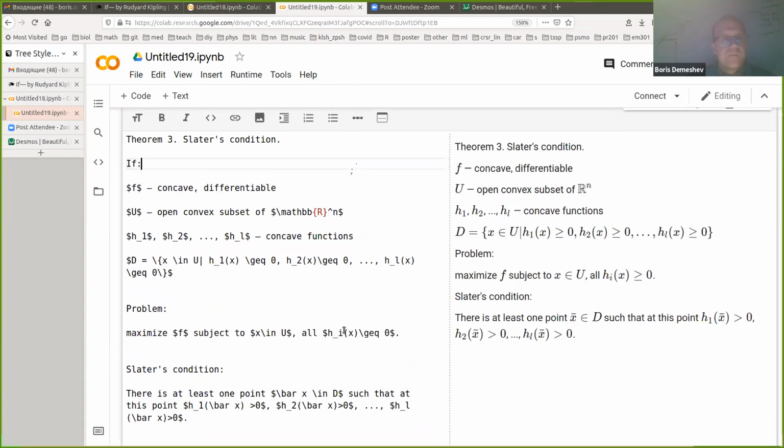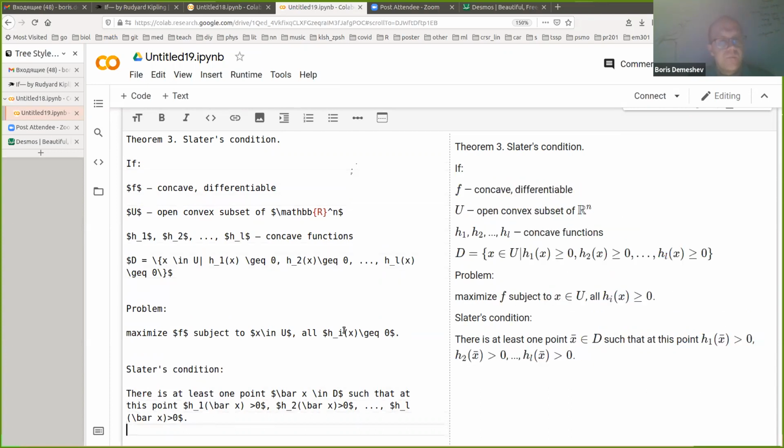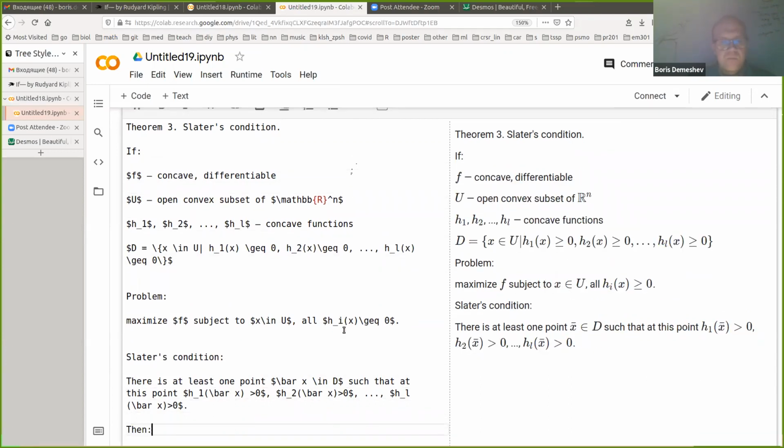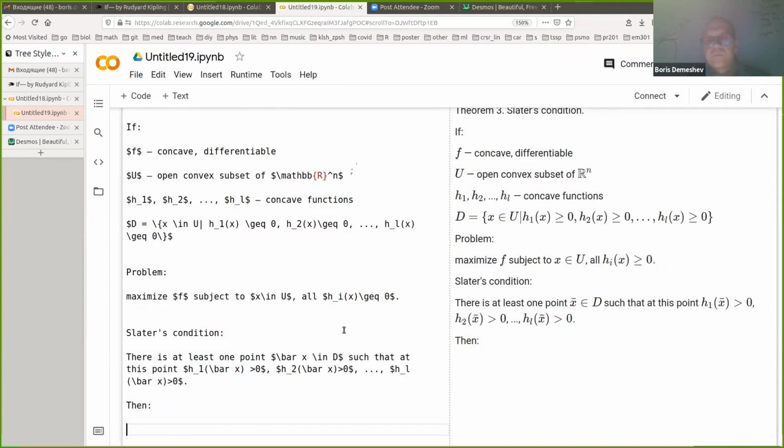If, then, okay, the if part is very long, but now the then part is very easy. I will say it in words first, and then maybe we will provide some examples.